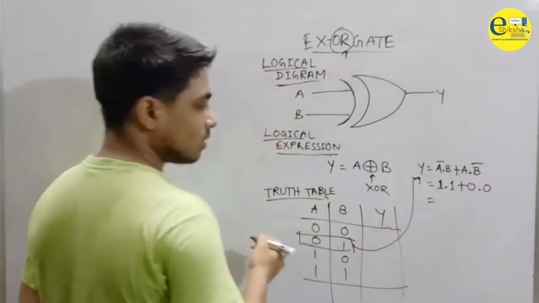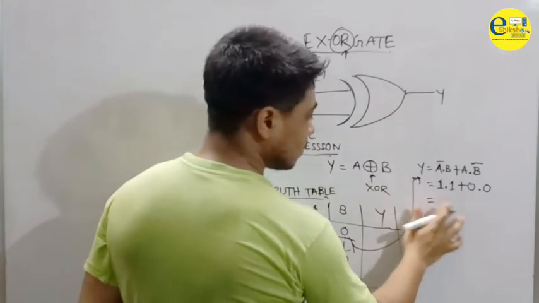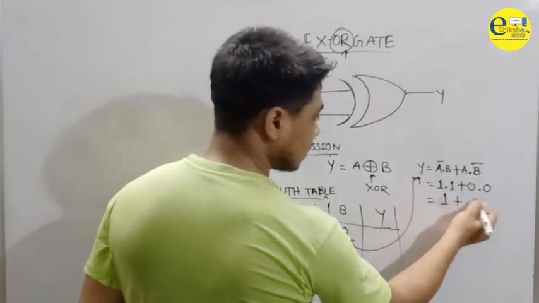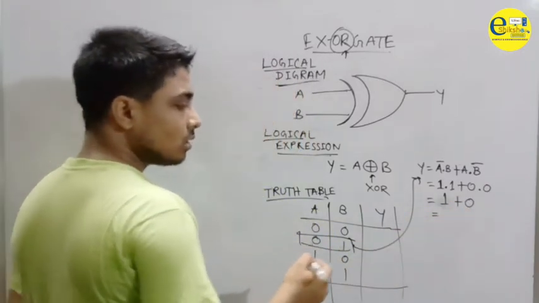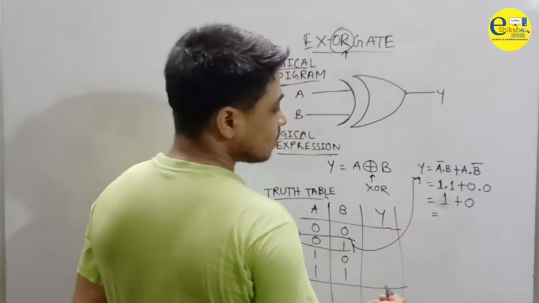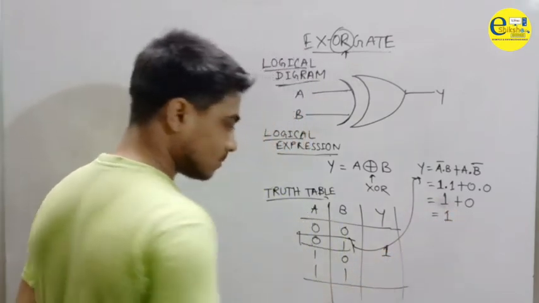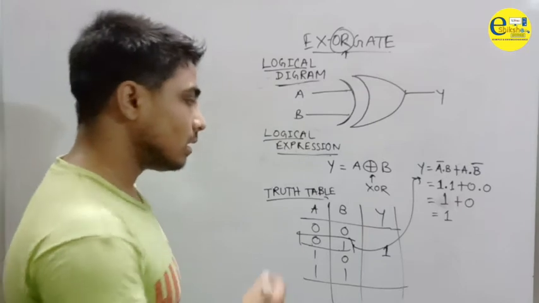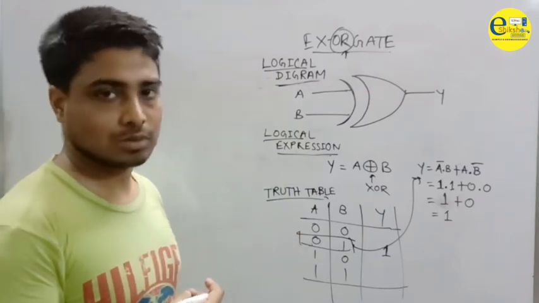So that is 0. So what is 1 OR 0? It will be 1. So here the output is 1. In this way you can calculate the output, but it is a lengthy procedure.